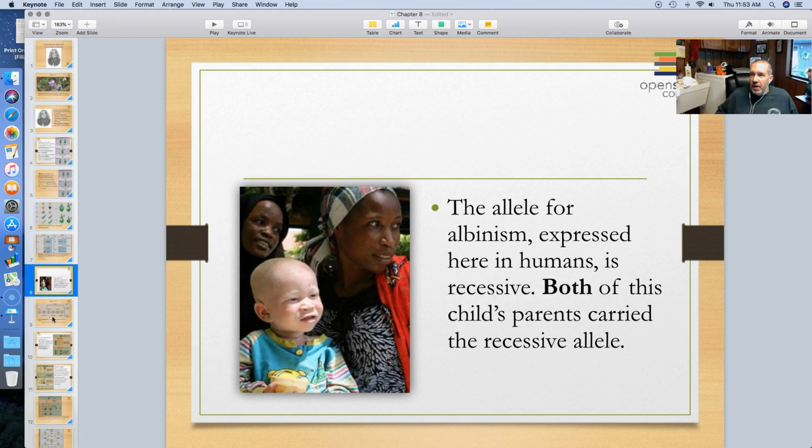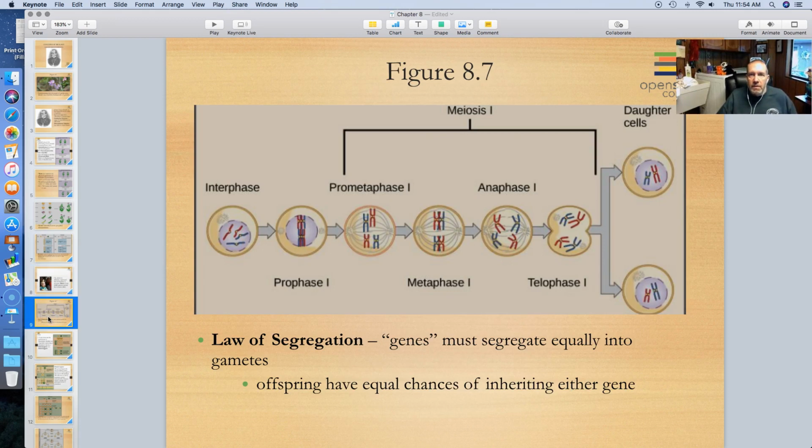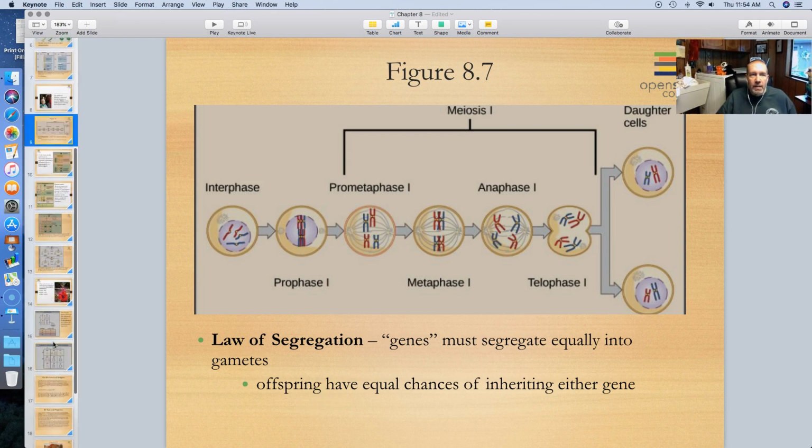And I'm exaggerating just to make a point. 2 parents could have 100 children, which I know isn't physically possible, but they could have 100 children and not one of them might end up being albino. Or it could conversely be that a higher percentage of them are albinos than you would predict. Again, probability plays in there as well and can somewhat confuse people, but statistics is definitely a class worth taking, if for no other reason, to make sure you kind of understand numbers and how they can be manipulated.